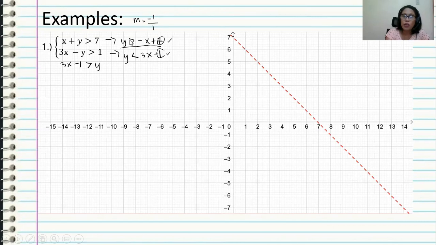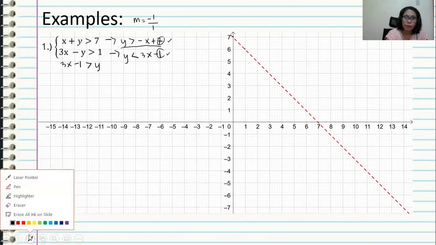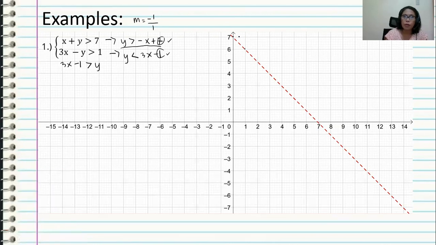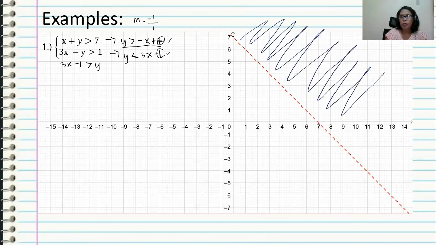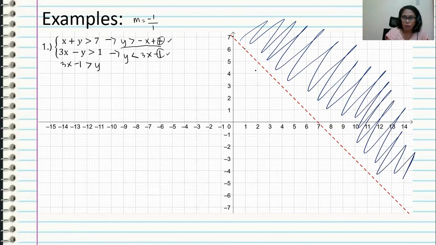Now, since this is greater than, what we're going to do is shade the region above the dash line. Let's make use of a different color here. So this is the shaded region or the area for this inequality.